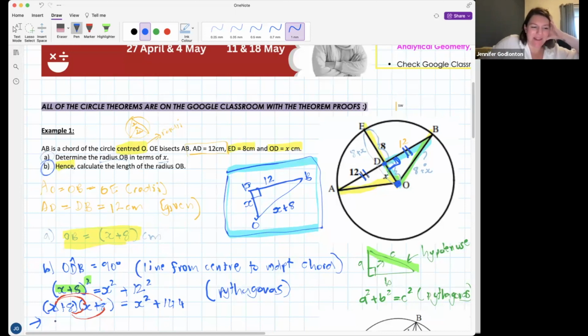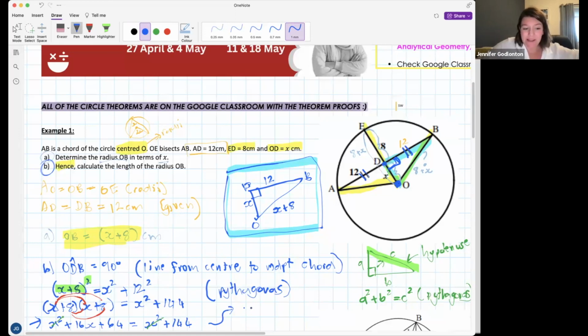So we're going to land up with x squared plus 16x plus 64 is equal to x squared plus 144. Okay. So now my x squareds are going to cancel with each other. I'm going to have to write on the side, which is not allowed in maths, but I've written too big.